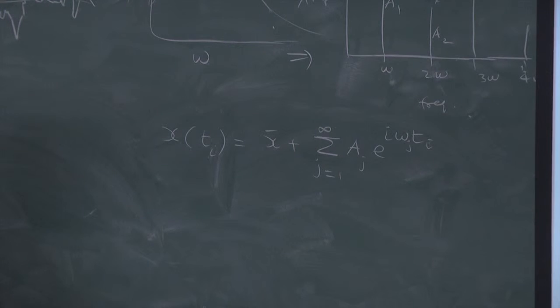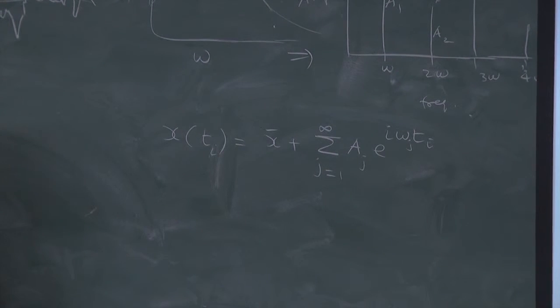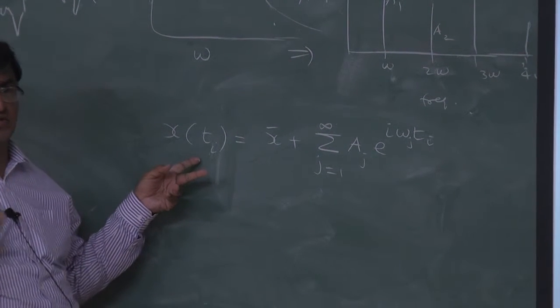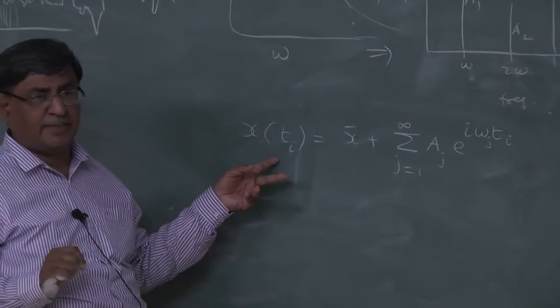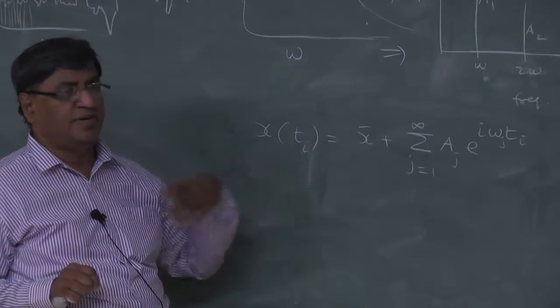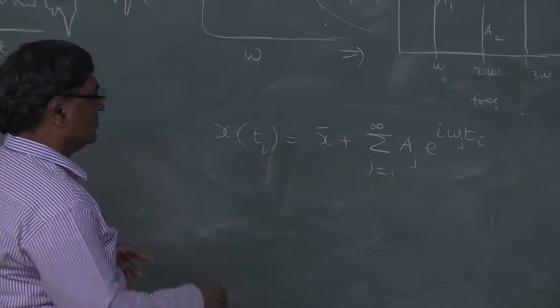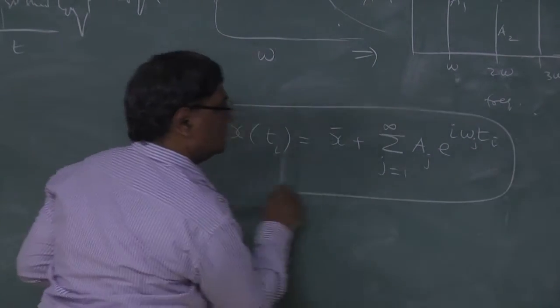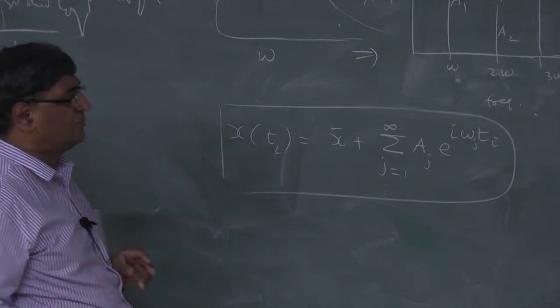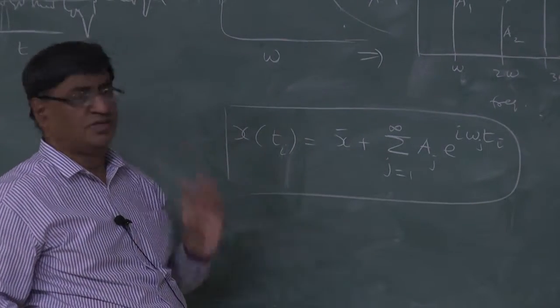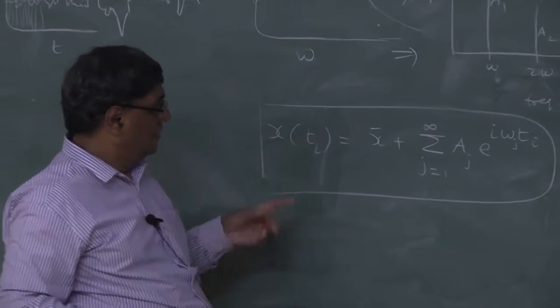So this is a discrete Fourier transform, because t is not a continuous variable here, we are only taking discrete values. And so there will be many frequencies. Corresponding to each frequency, what the amplitude is, is what we are trying to find.